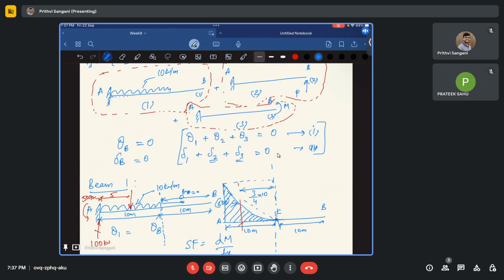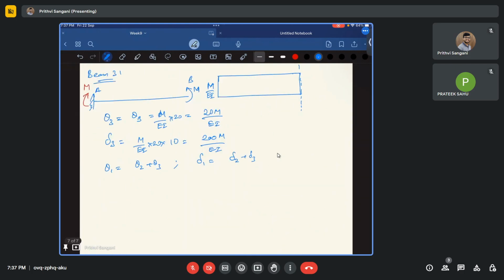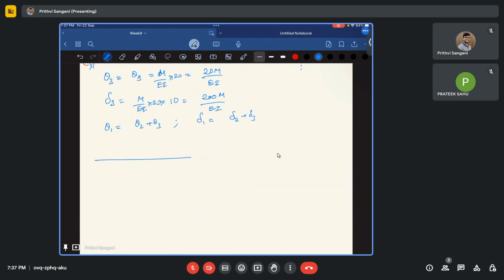I'll just say how the rotations are. Let us say this is my beam 1, you have a loading like this, and this is my beam 2, upward loading, and you have a beam 3 with an anti-clockwise moment. So how is this going to deform? It is going to deform like this, and here you have a straight line. This is going to deform like this, and this is going to be deformed like this.